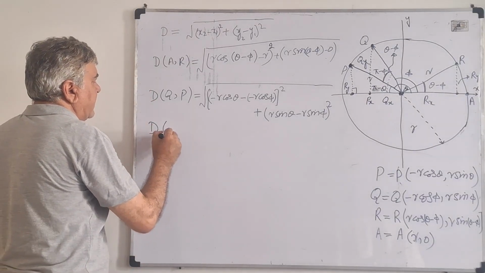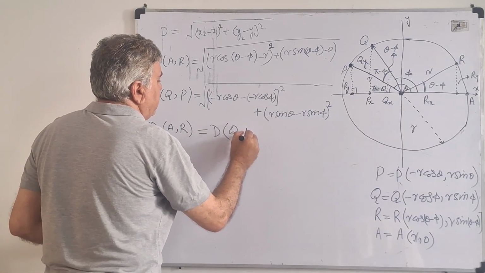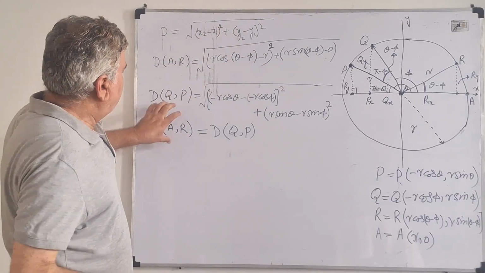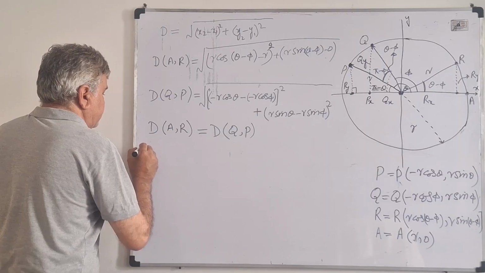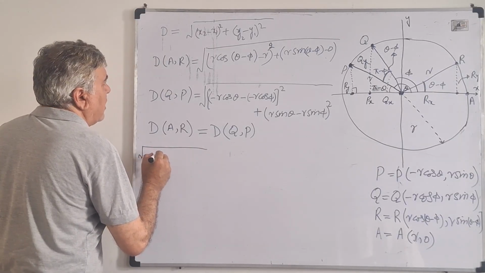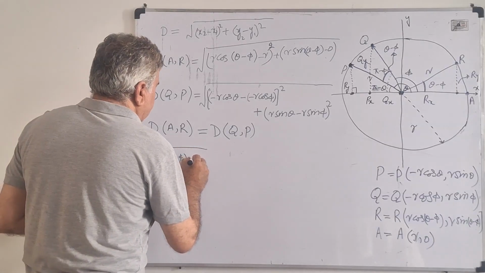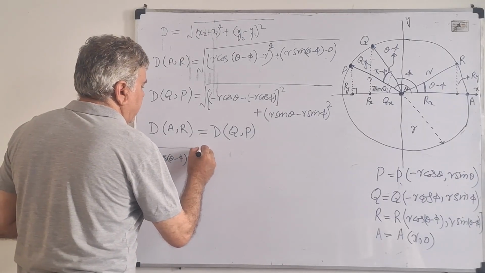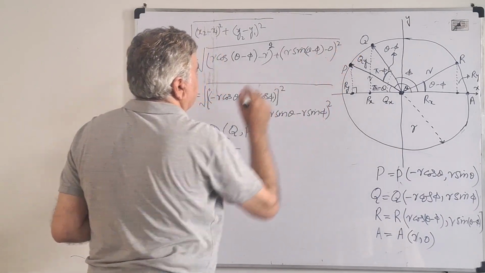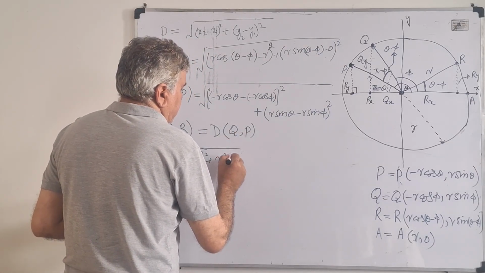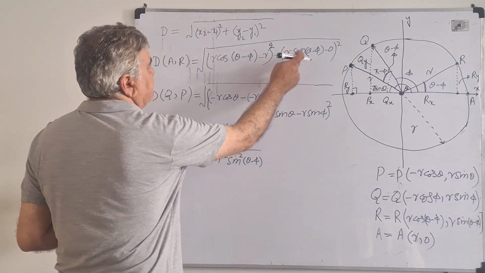That is, the distance between points A and R is exactly equal to the distance between Q and P. So if I substitute this value for this and this value for this, I can write the square root of r cos(theta minus phi) minus r, whole squared, plus, I missed the square here, r squared sin squared(theta minus phi), because minus 0, so I just take the square of this and the square of this.